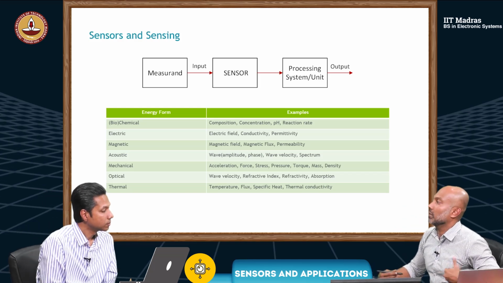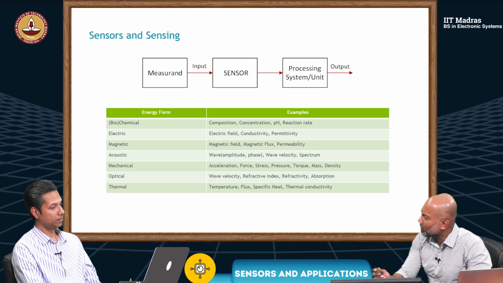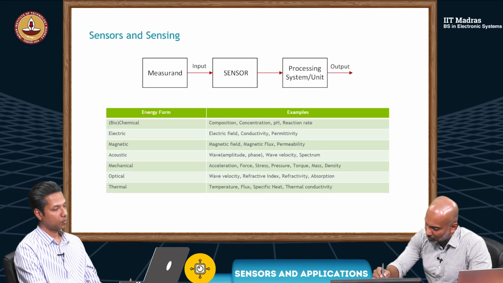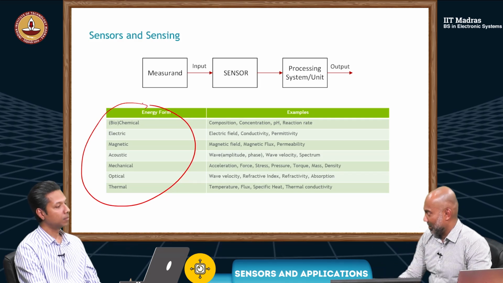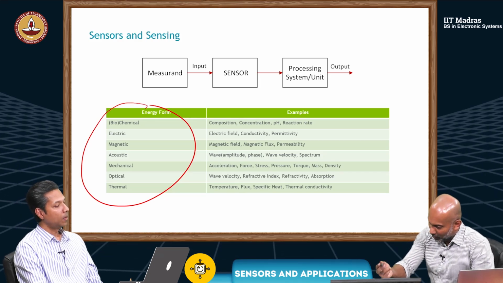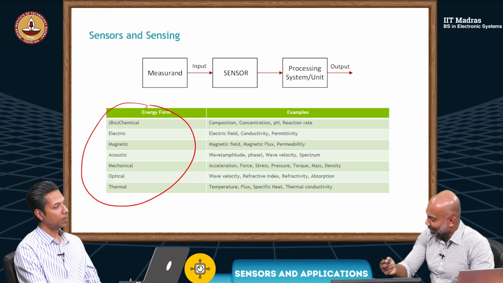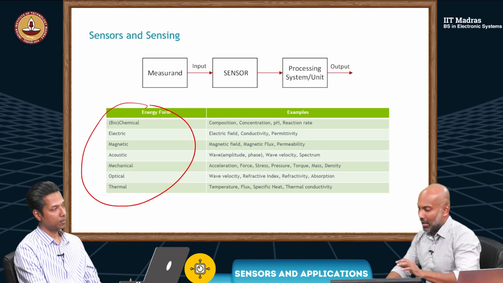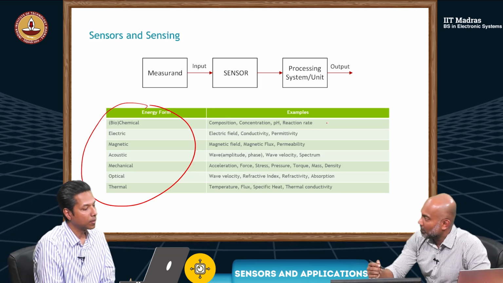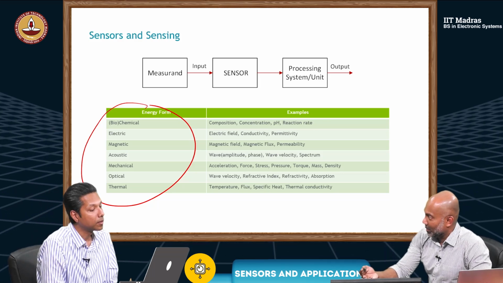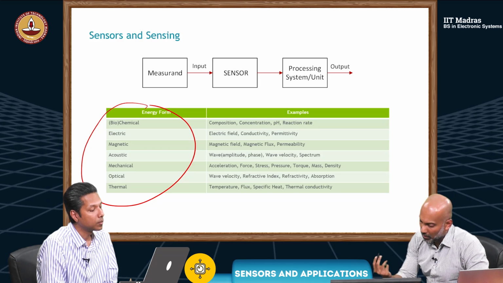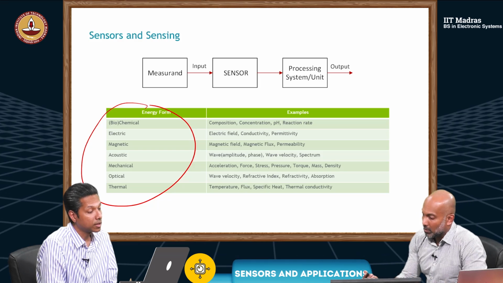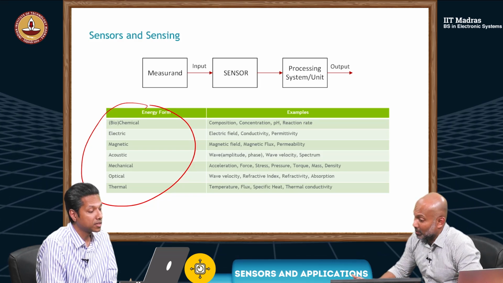But in the real world, especially the environment, there are lots of different energy forms. Here I've only shown some basic ones: biochemical, electric, magnetic, acoustic, mechanical, optical, thermal. Each of them has different things that vary. Temperature is temperature, but if you take biochemical, some chemical, there's composition, concentration, pH, reaction rate.